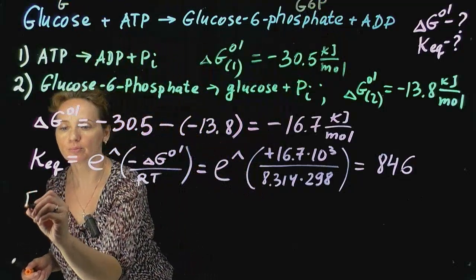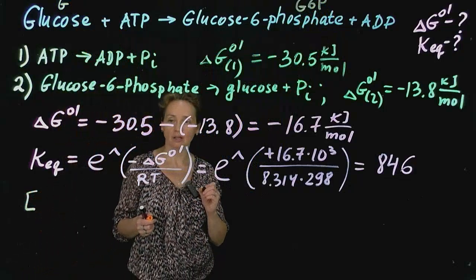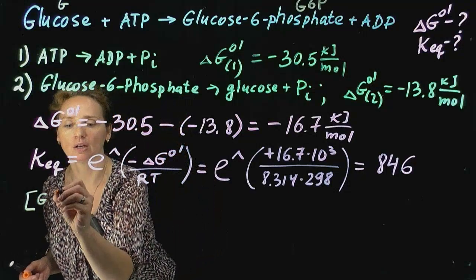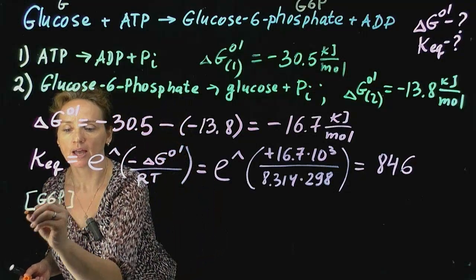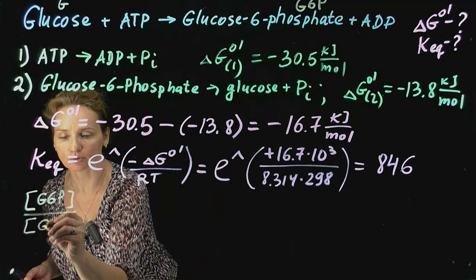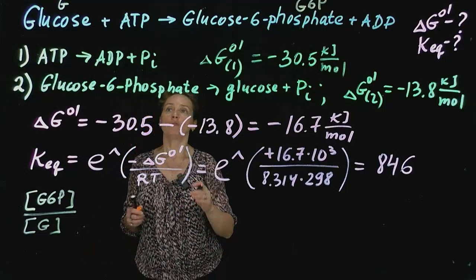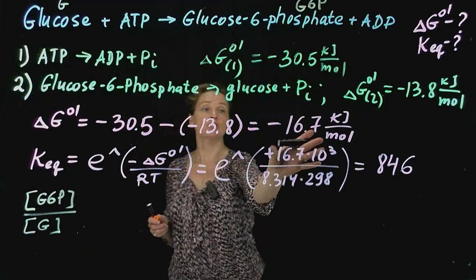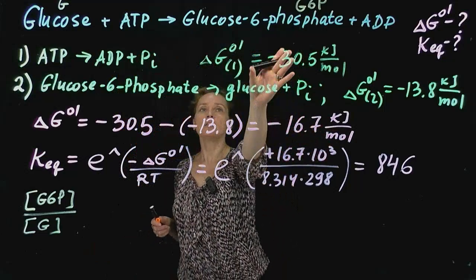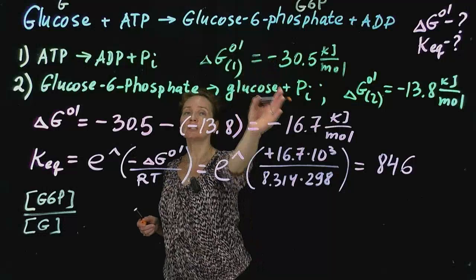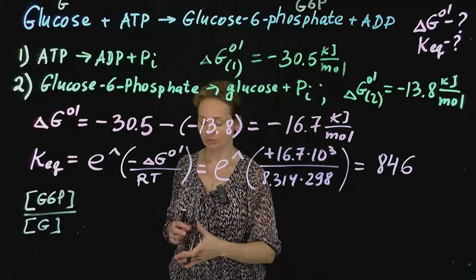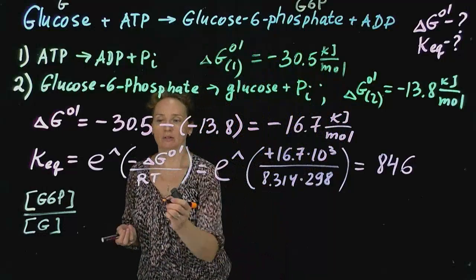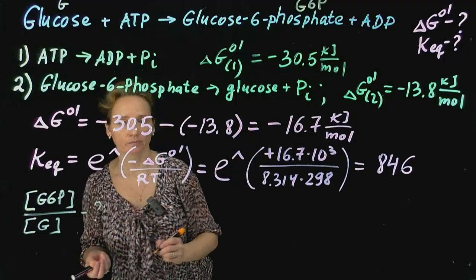So I want to determine the maximum achievable ratio between the concentrations of the product of this reaction, glucose 6-phosphate, and the reactant glucose, for this reaction to still be spontaneous, because we know that even for such an exergonic reaction, if you have too much product, the reaction can be inverted, right? So how can we calculate that?